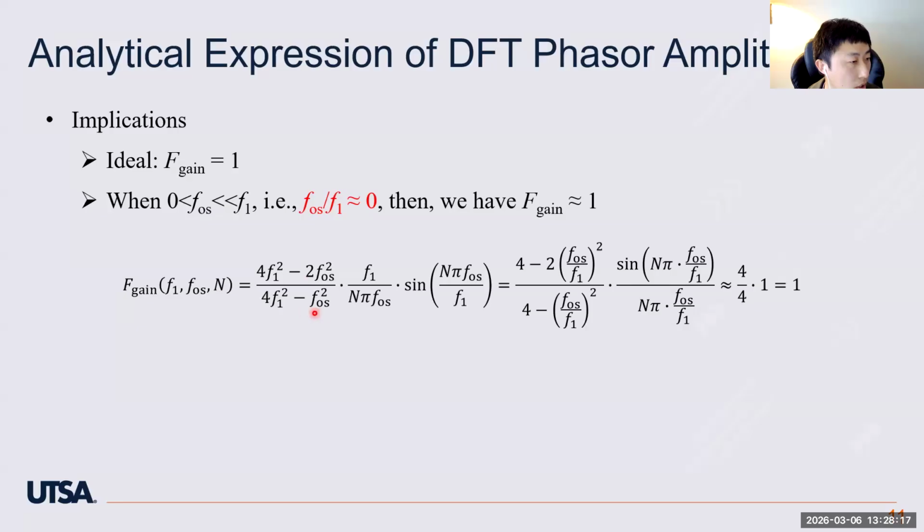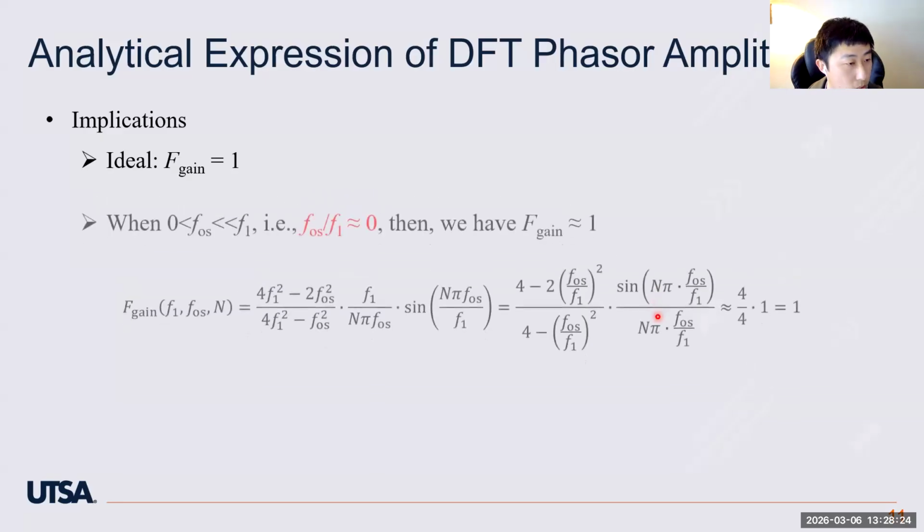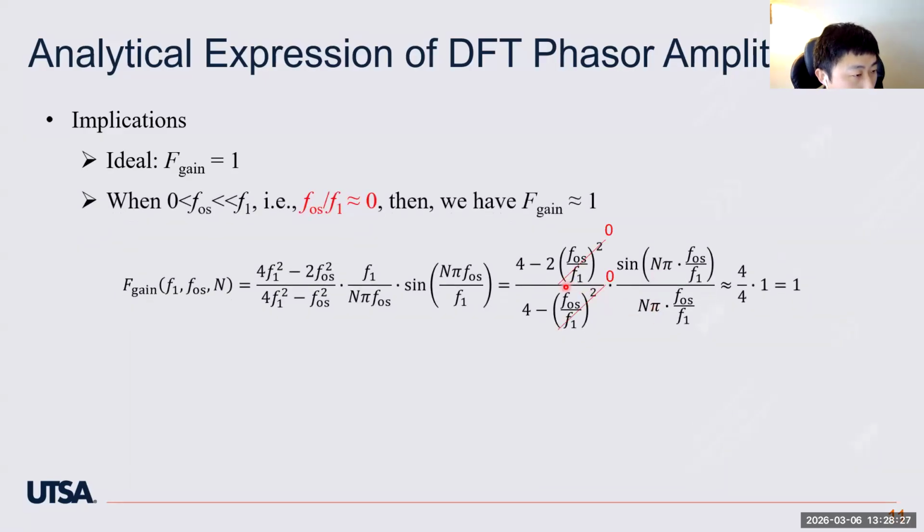For that, we can try to derive this and find some approximations of it. For example, those two terms will become very close to zero. And the last term is a sinc function. If the input is 0, then the whole thing will be 1. That's the property of the sinc function. So with that, we can see that the gain function is almost 1 when the frequency is very low.